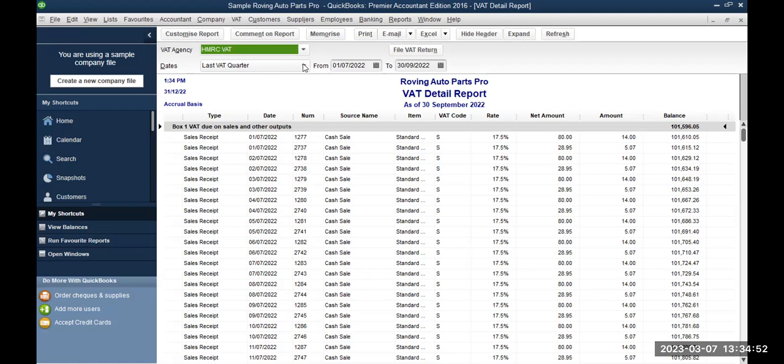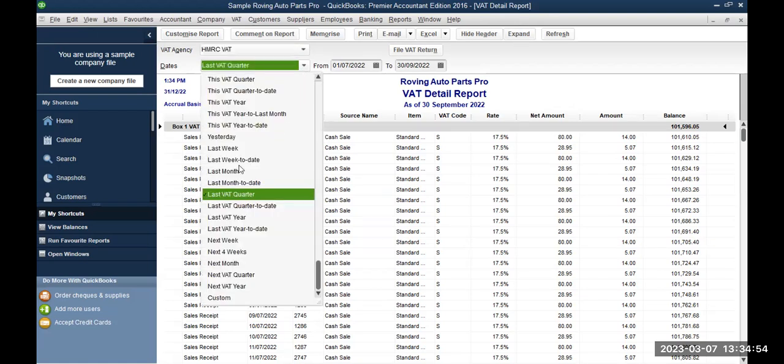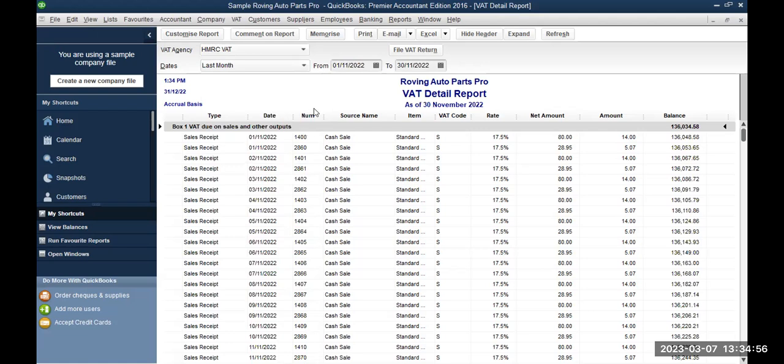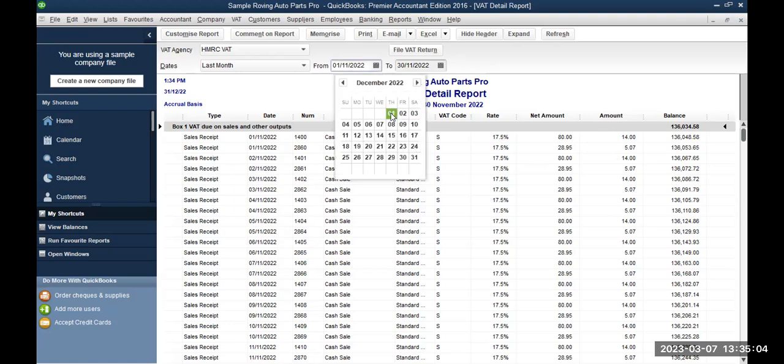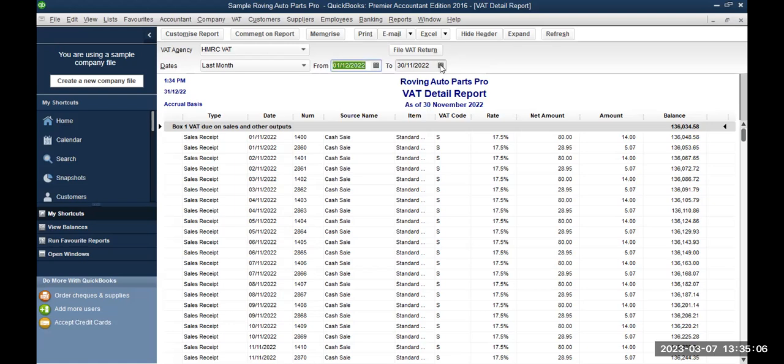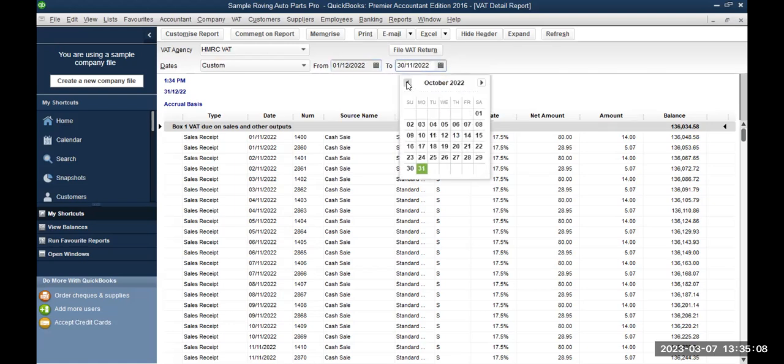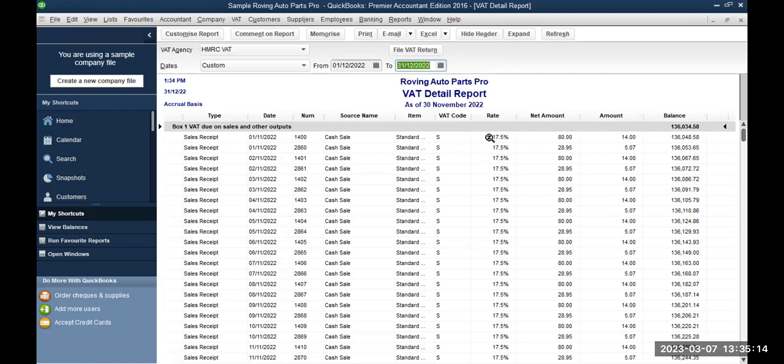Of course, you have to choose the period. You can either say, I want to look at last month. The data set we have is December, so last month then is November, or you can choose the period by selecting. Let's say you actually want to look at December. So you just select that data set, 1st of December to 31st of December, and then you refresh to get that report.